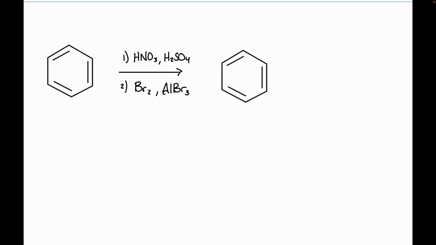All right, so that first step sticks that nitro group on that ring. And then the second step is going to stick a bromine on that ring, but specifically in what position? If I look, my nitro group is a meta-director, so that will direct that incoming bromine to the meta position. Remember, the bromine doesn't get to pick, right? It's the thing that's already on the ring, the nitro group, that is going to direct it to a specific location.